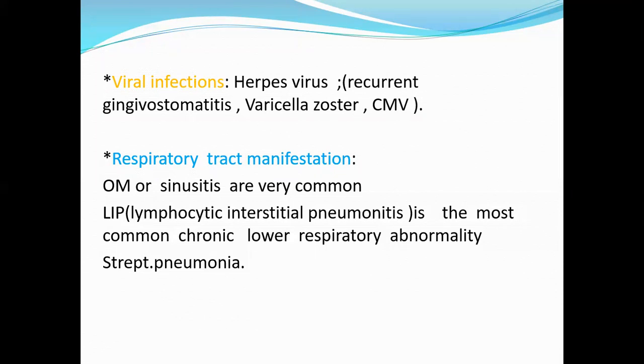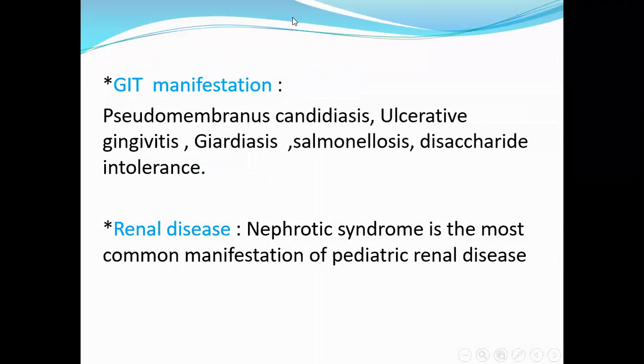Lymphocytic interstitial pneumonitis is the most common chronic lower respiratory abnormality in the HIV child, and streptococcal pneumonia. GIT manifestations are common, such as pseudomonas, candidiasis, ulcerative gingivitis, giardiasis, salmonellosis, or disaccharide intolerance.